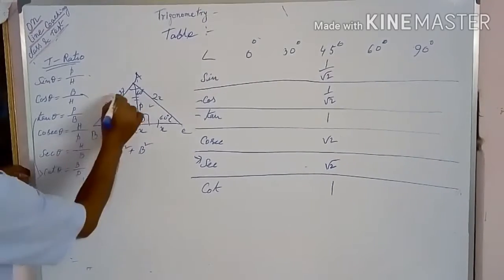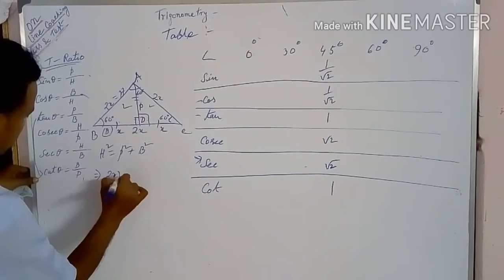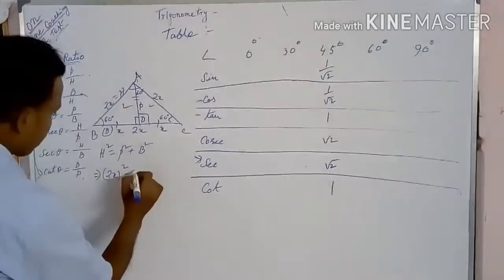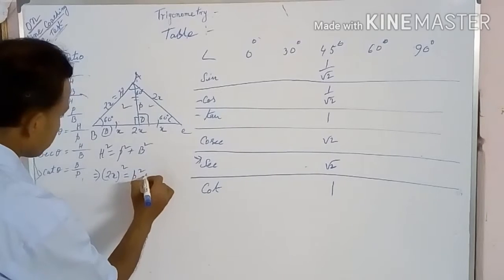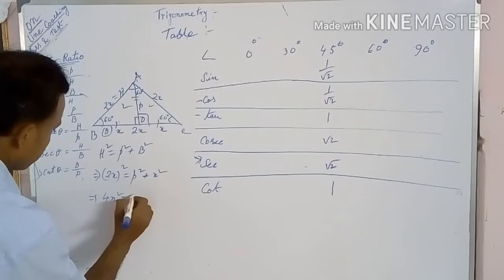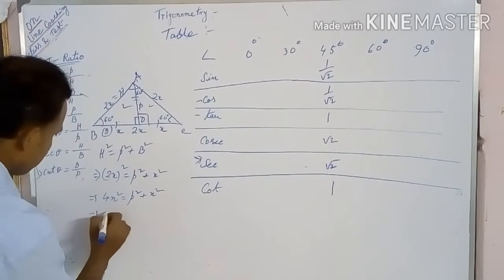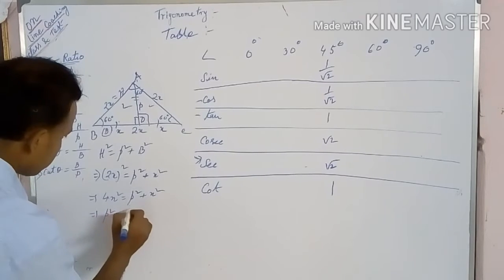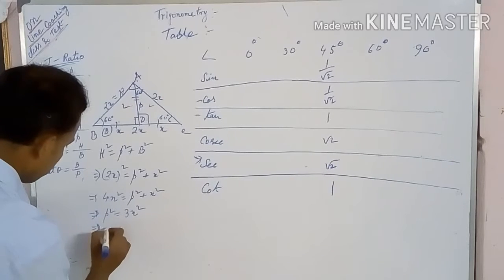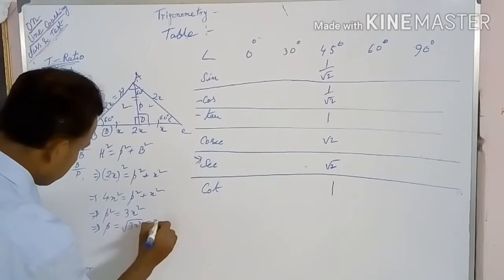So 2x whole square is equal to perpendicular square plus x square, or 4x square is equal to p square plus x square. So p square is equal to 3x square, or p is equal to root over 3x square, which is x root 3.